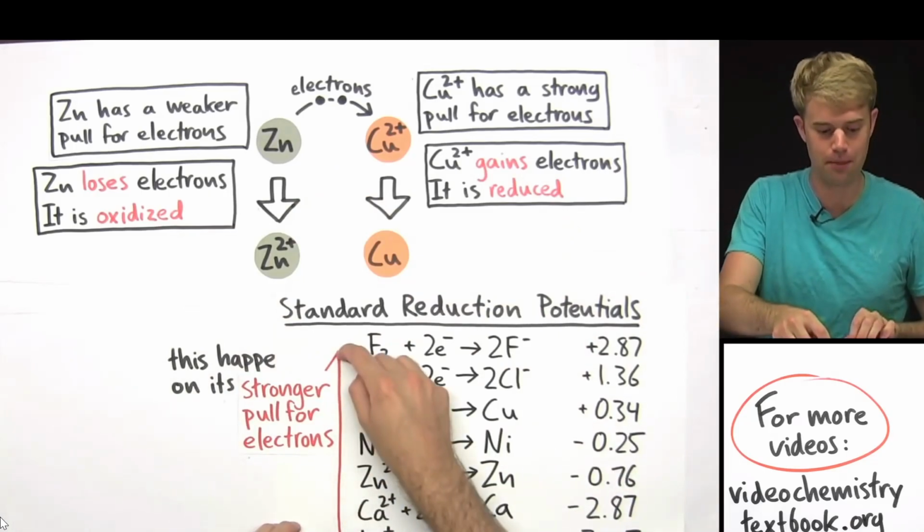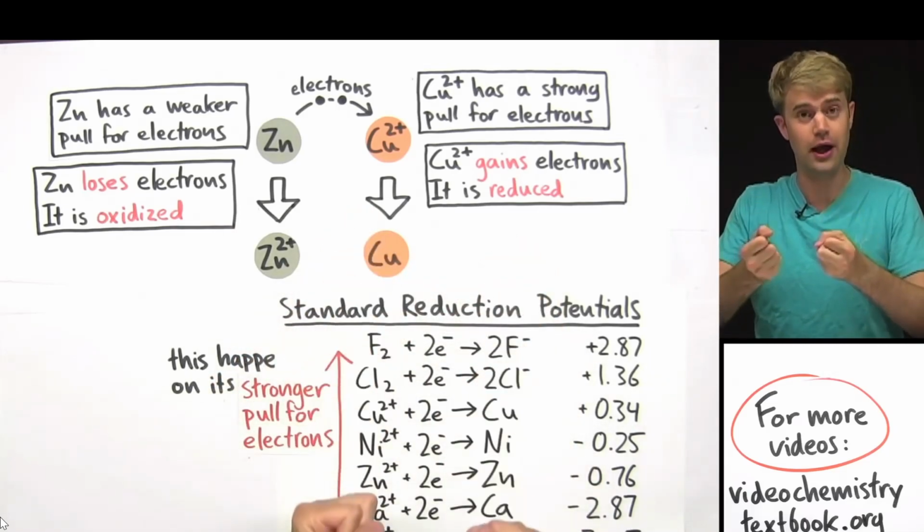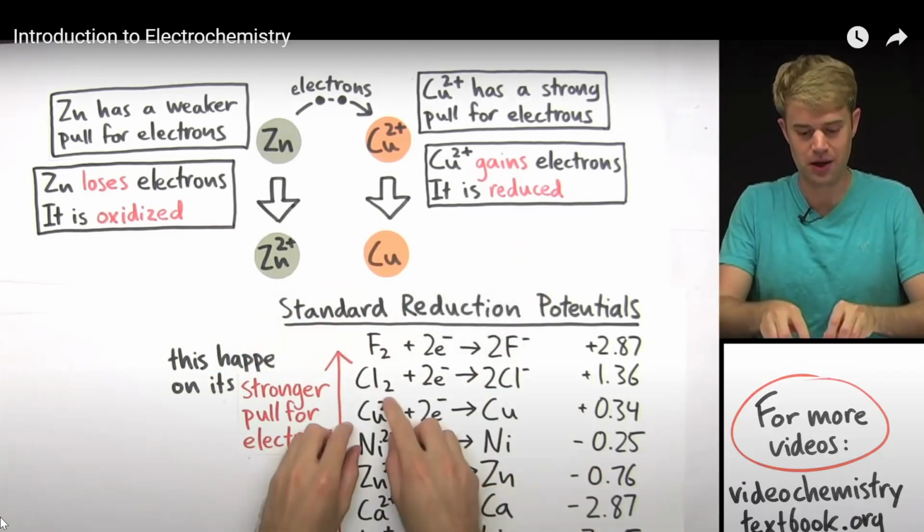The higher you go up, the more these elements want to pull electrons towards them. So we have a standard reduction potential, and it tells us which chemicals have a stronger pull on the electrons, and therefore which species will pull electrons away from another.